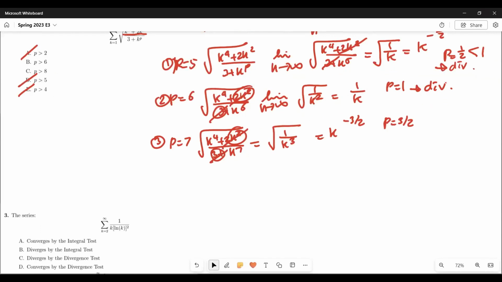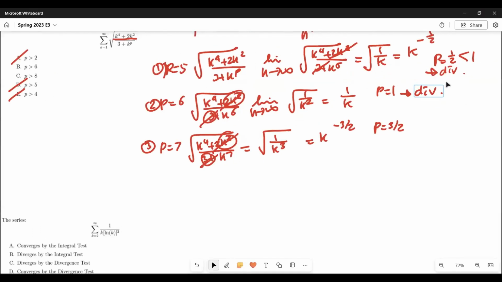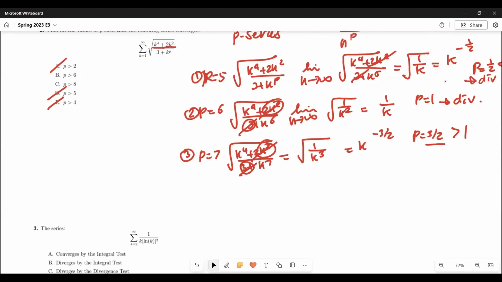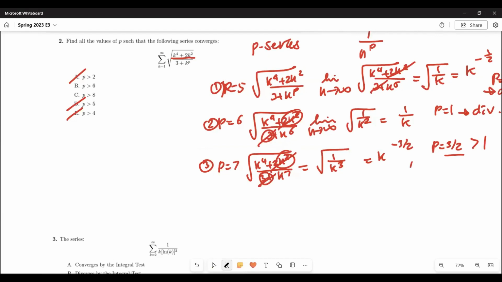Since p is 3/2 and that value is bigger than 1, you can say that it's converging, right? So p equals 7 should be included. That means it's going to be B, since B includes p equals 7 and C does not. So B is the right answer for this question. So the answer is B.